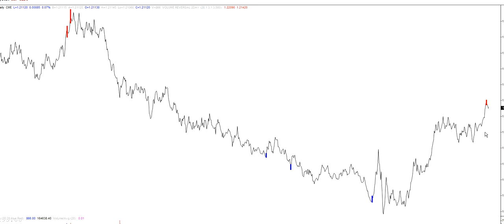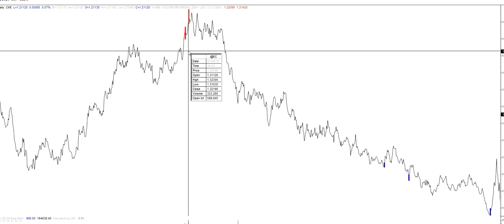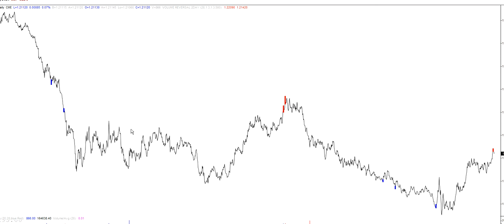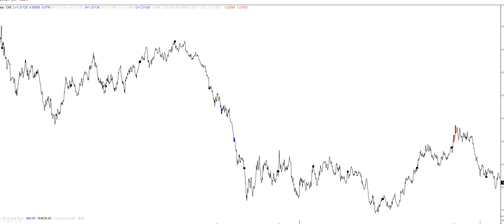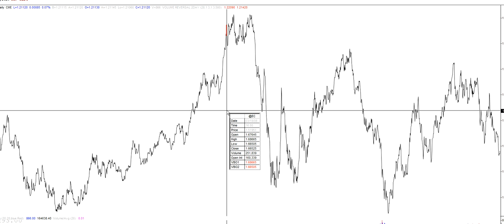Since inception of the euro, we have one here, which again was Friday. We had a couple back here. This was the 2018 high. We had one on the day of the high. And other than that, the only other bearish signals that we've had were March 18th, 2008.